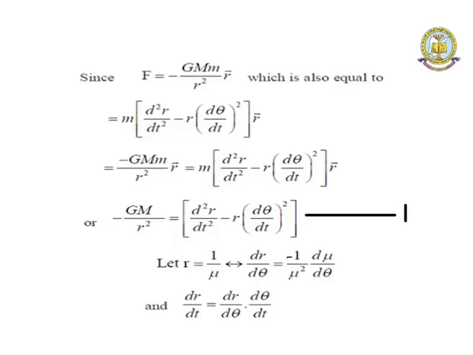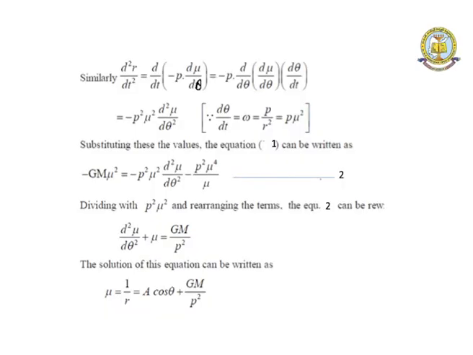So equation 1, d square r by dt square minus r into (dθ by dt) whole square. This is differentiating with respect to the second term, and dθ by dt is substituted in the values in equation 1. So minus GM u square is equal to minus p square u square d square u by dθ square, minus r into (dθ by dt) whole square.